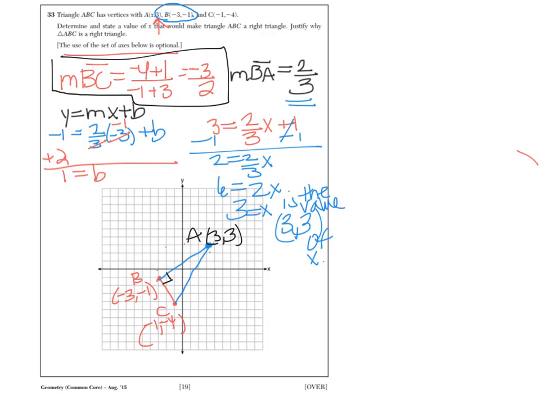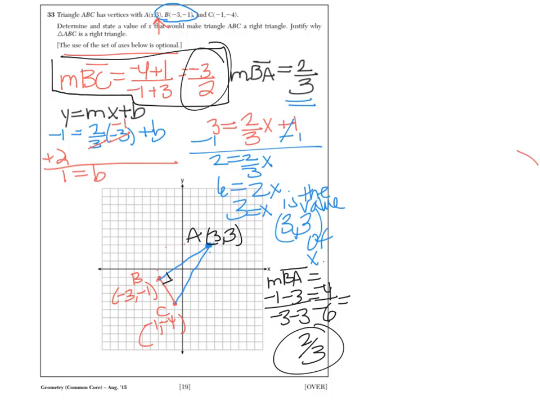I'm going to prove that the slope of BA is going to be the opposite reciprocal. So negative 1 minus 3 over negative 3 minus 3 is equal to negative 4 divided by negative 6, and that reduces to a positive 2/3.